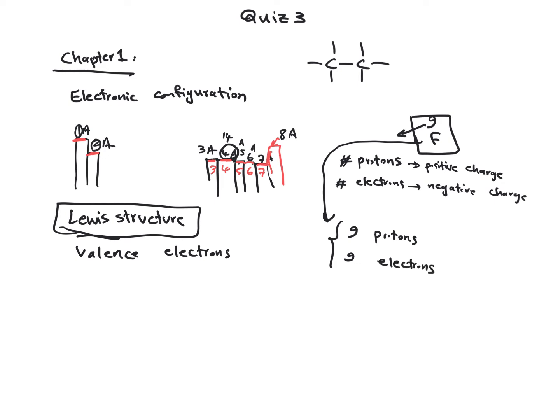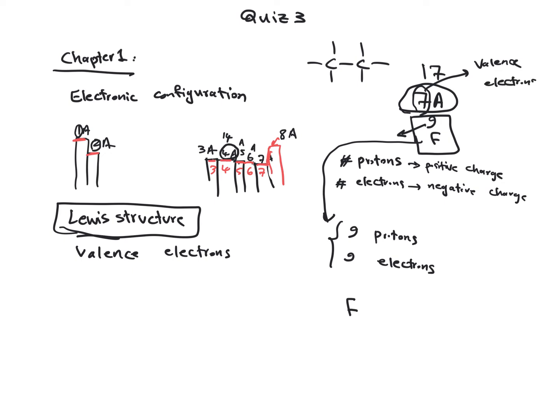When we want to write the electron configuration, we write F for fluorine and put valence electrons around it. Fluorine belongs in group 7A, or 17. These are two ways to name it, but whatever main group element it is, it has 7 valence electrons.